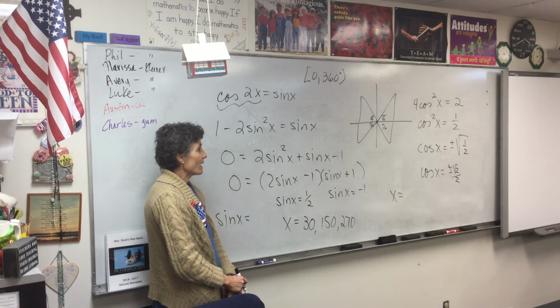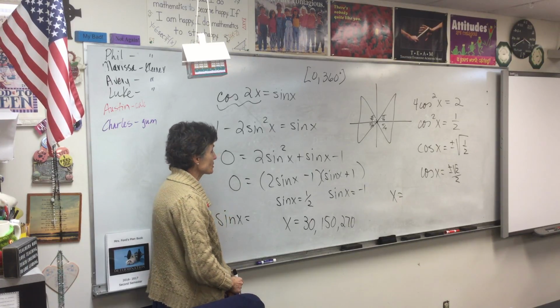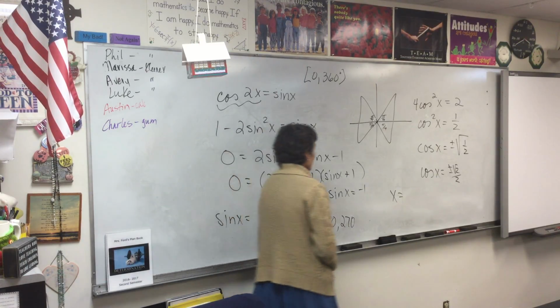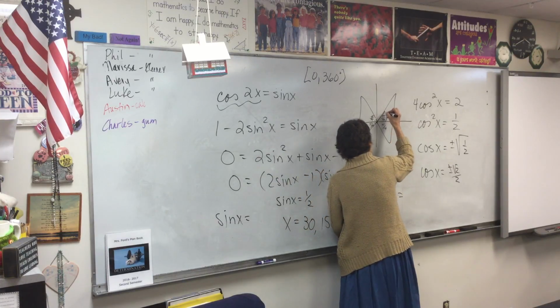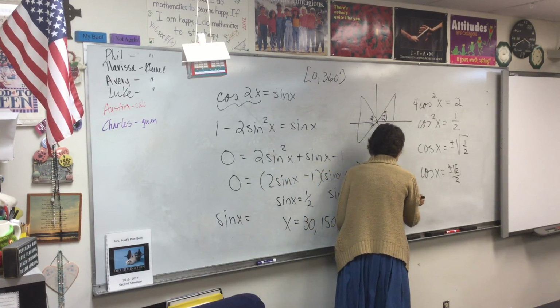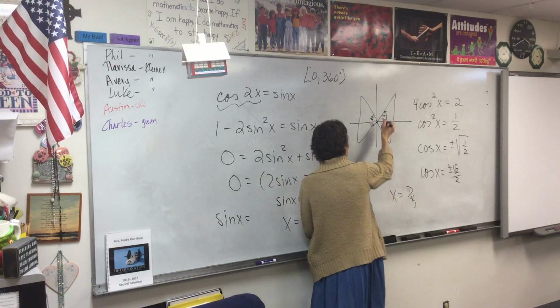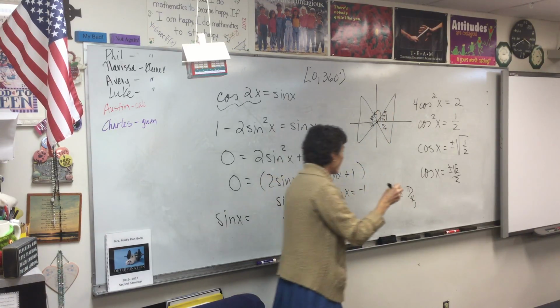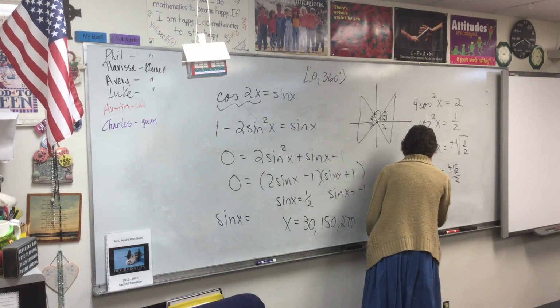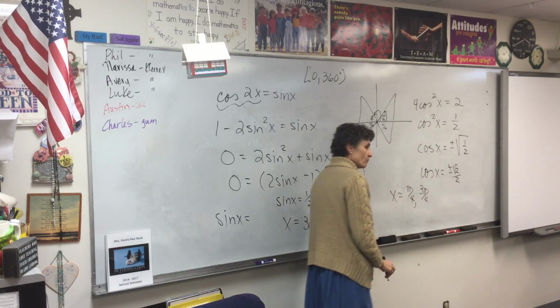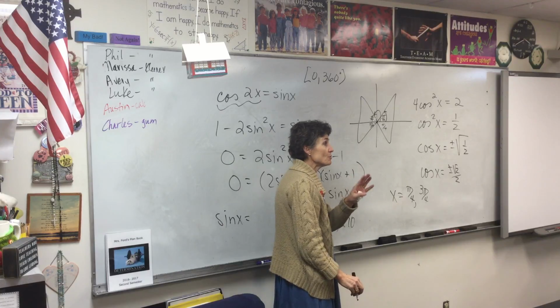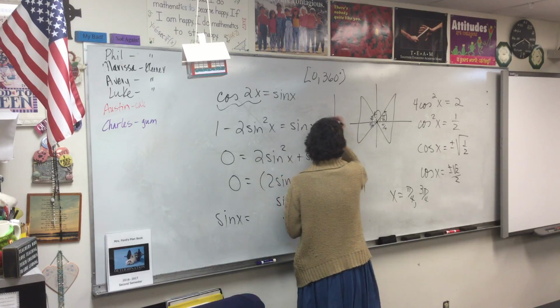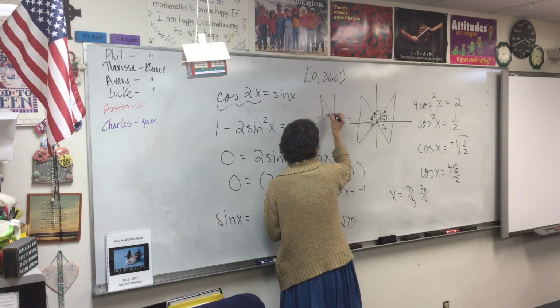So what are my answers? What are the answers to the problem? Well, this would be the first answer. That's pi over 4. That I got. What about this one? Exactly. It's 3 pi over 4. Now, for those of you that are thinking, well, 3 pi over 4, stop. If you were in degrees, I said this is a 45-degree angle.